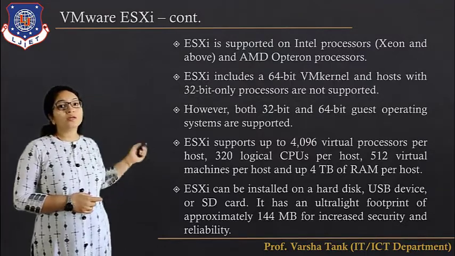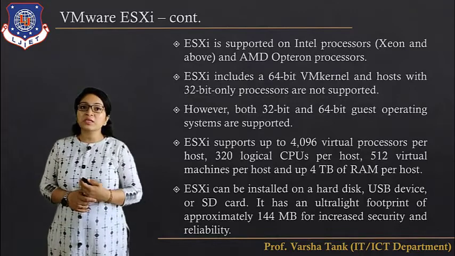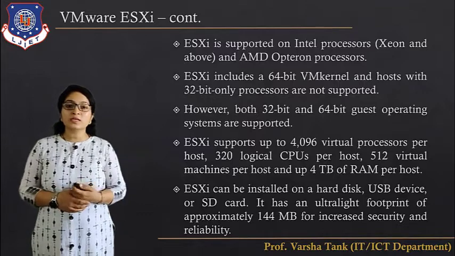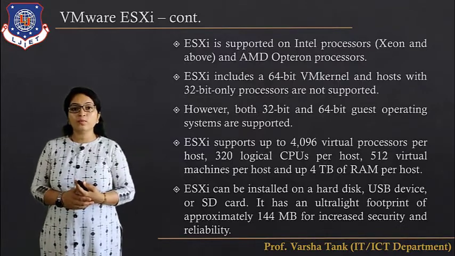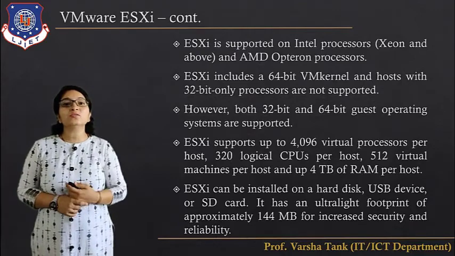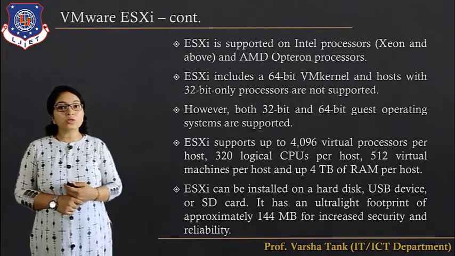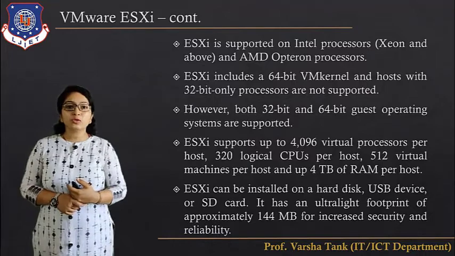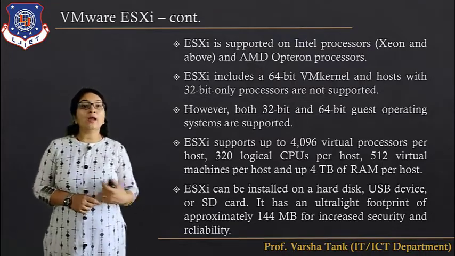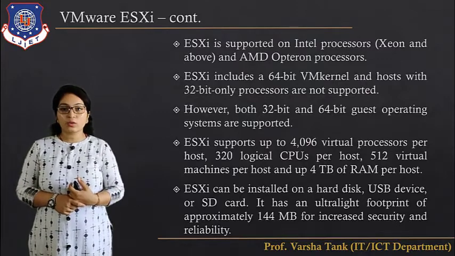But both 32-bit and 64-bit guest operating systems are supported. The host should be 64-bit, but the guest operating system can be 32-bit or 64-bit; both are acceptable. ESXi supports up to 4096 virtual processors per host, 320 logical CPUs per host, 512 virtual machines per host and up to 4 TB of RAM per host.